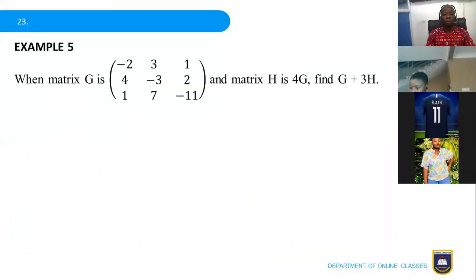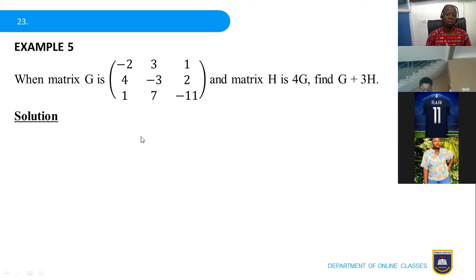You were given this as your assignment: matrix G is 2, 3, 1, 4, -3, 2, 1, 7, -11, and matrix H is 4G. Find G plus 3H. So with this, let's look at the solution.